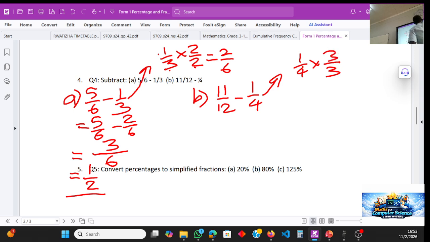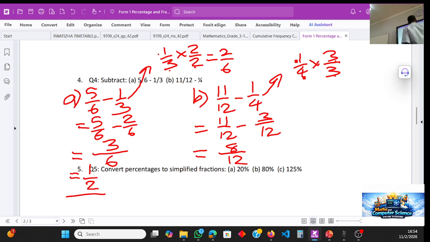But because I don't want the sense of the fraction to change, I'll say 3 over 3, which I know gives me a 1. And when I do so, I'll come to say here is 11 over 12 minus. When I multiply 3 by 4, it gives me 12. I multiply 3 by 1, it gives me 3. Then I know I now have my common denominator 12. Then it will be 11 minus 3, it gives me 8.